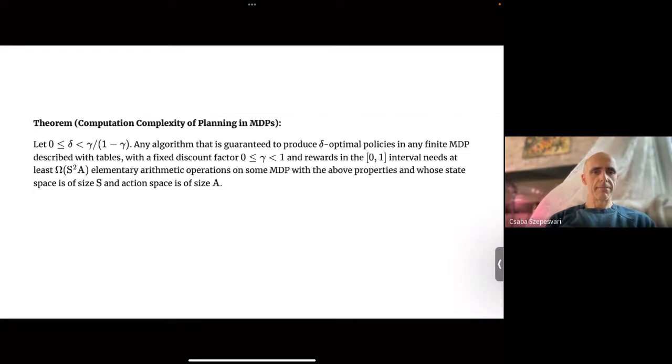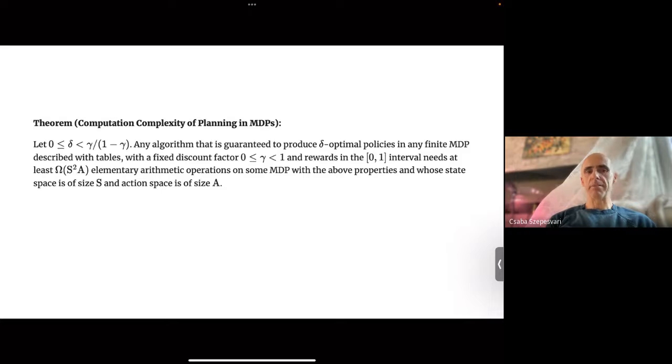This is expressed in terms of the number of elementary arithmetic operations. But there is no gamma here, and the data dependence is not shown either. So if you want a data-optimal policy, with a small enough data suboptimality level, then this already kicks in.